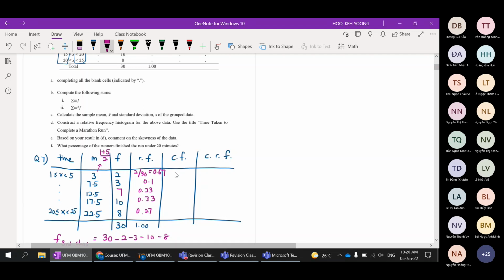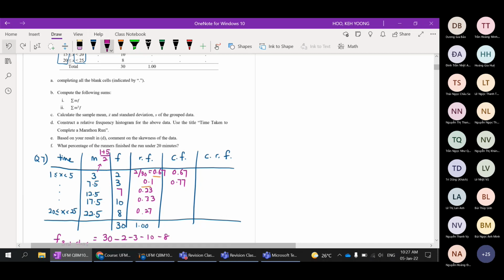So first class cumulative frequency is 0.67, second class 0.67 plus 0.1... Sorry, this is adding up the relative frequency.